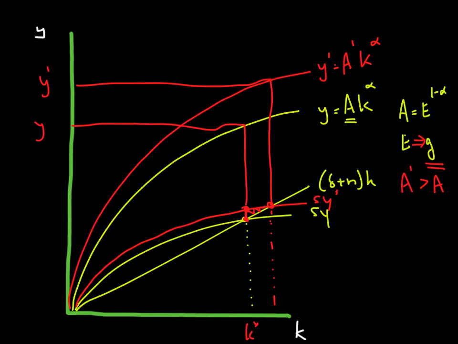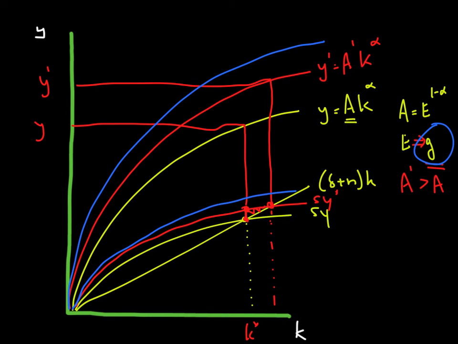And this will be true as, every period, technology is going to grow at a rate of G, and therefore this one's going to be shifting up. Our savings function is going to be shifting up. It's going to put us on a path to move to a new steady state. At that steady state, we'll have a higher output per person.